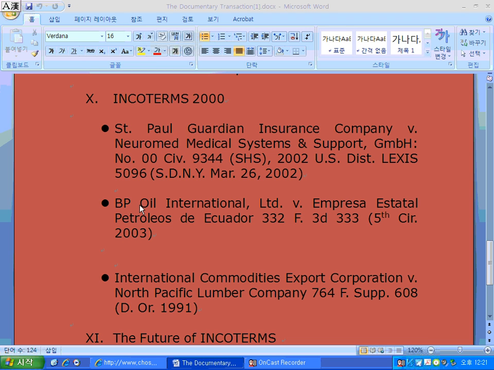In this case, the lower court found Texas law as the governing law, which was overruled by the appellate court, since it involves the controversy about the norm of CISG. CISG is a treaty, and federal law as a matter of the Constitution.